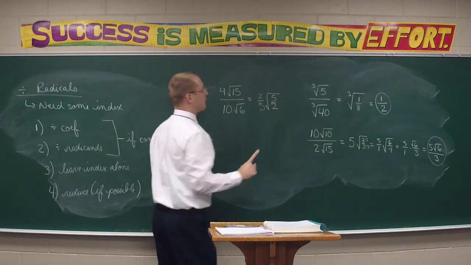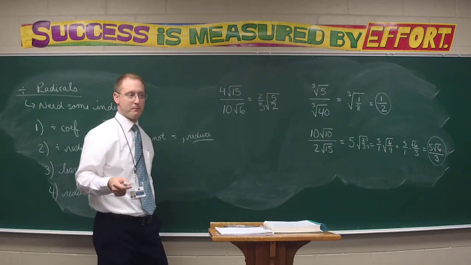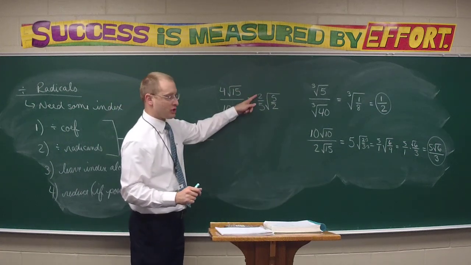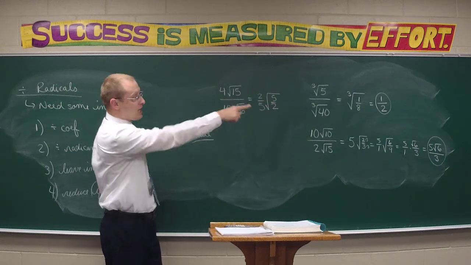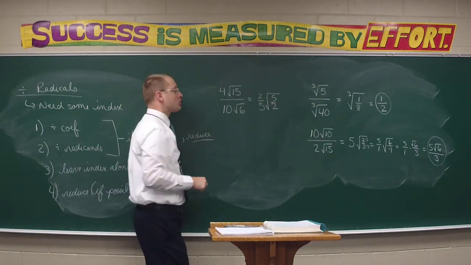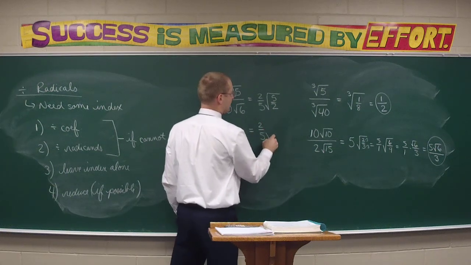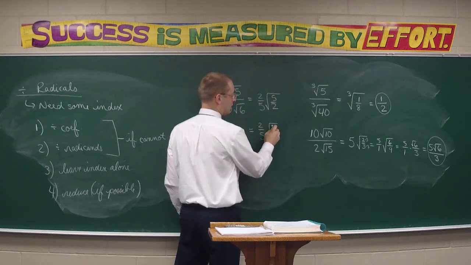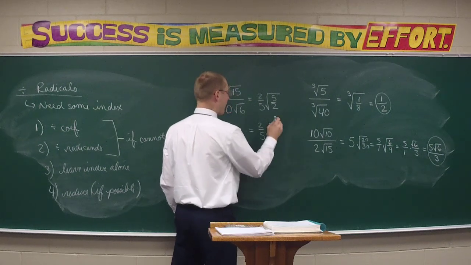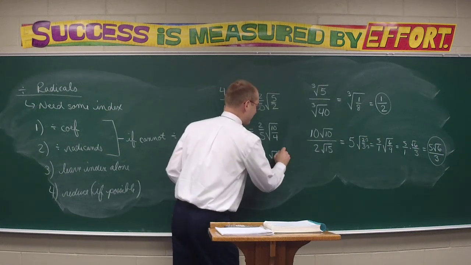5/2. Now it's really tempting, class, to be like, ooh, cancel the 5s, cancel the 2s. Can you do that? No, because this 2 is a rational 2. This 5 is a rational 5. These are irrational. But I can take the root of the denominator. So now what, Maddie? To get, instead of 5/2, 10/4. And I'm going to leave for now the square root of 10, right?